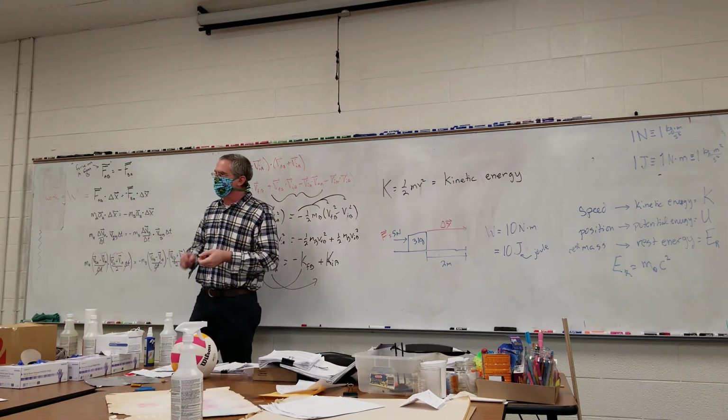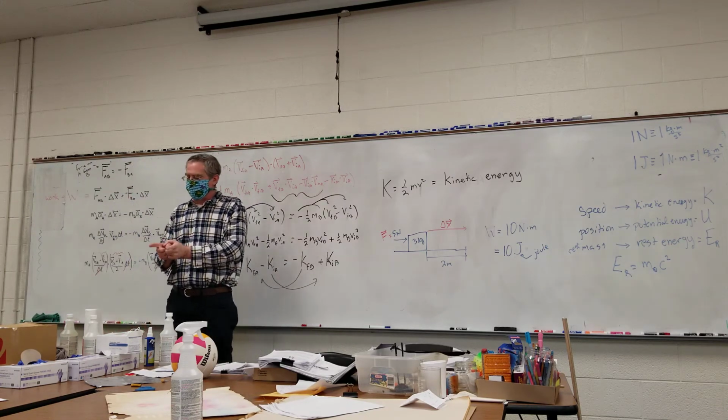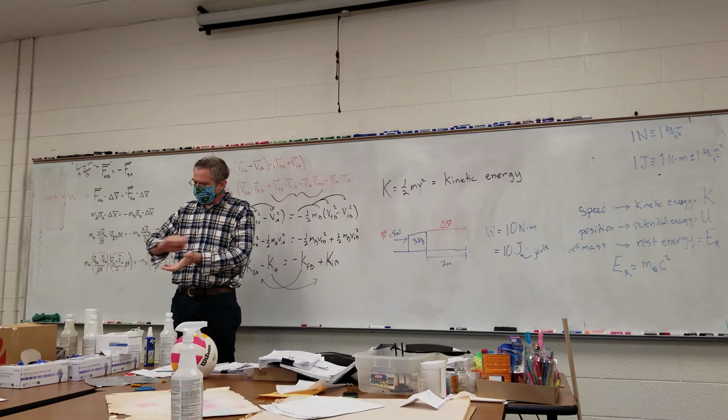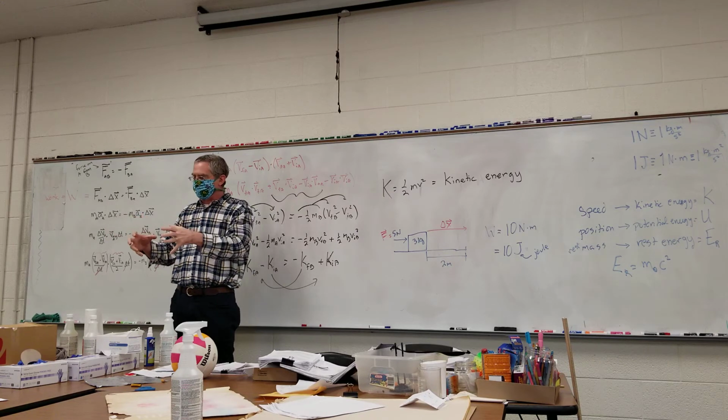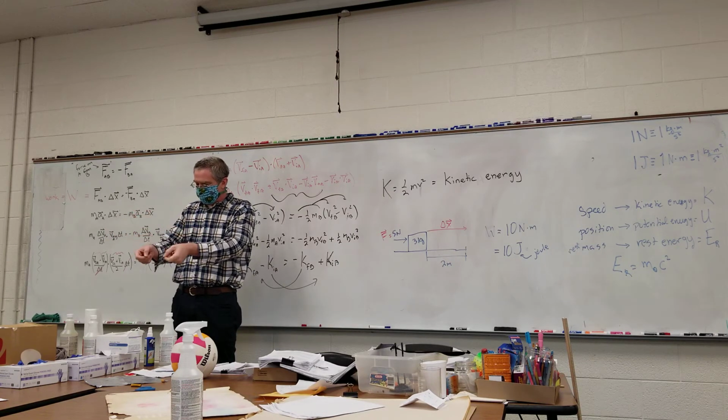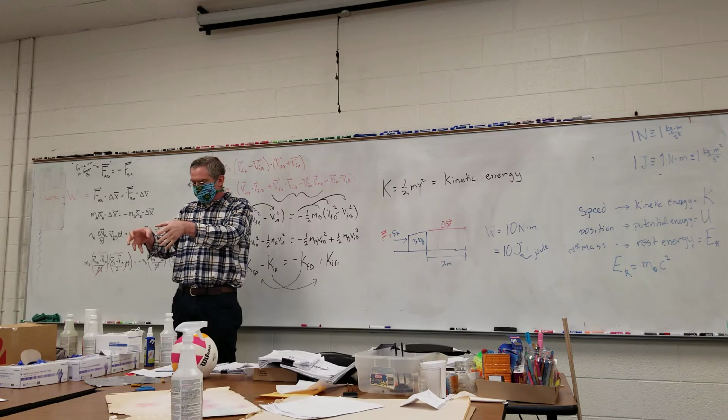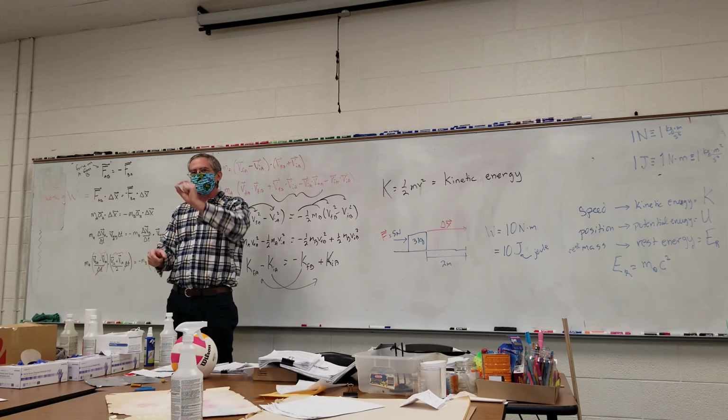If you took a match and you found the exact mass of the match, and then you struck the match, collected all the ash and smoke that comes off of it, and then take all that ash and smoke and the particles in the smoke, and then the match itself, and you find the mass of that, there's going to be a small difference in mass.